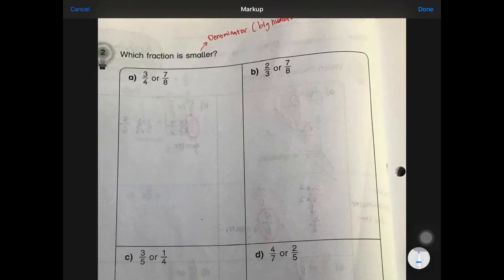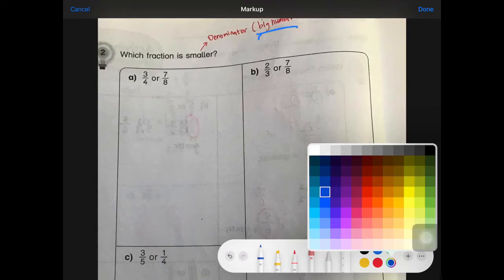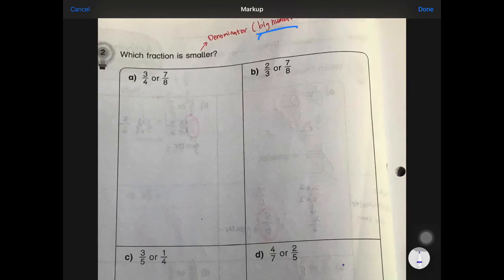Okay, so let's check which fraction is the smaller fraction. We know if you are comparing denominators, it has to be a big number. But if you are comparing numerators, yes, small number.